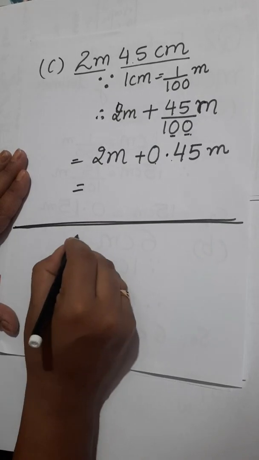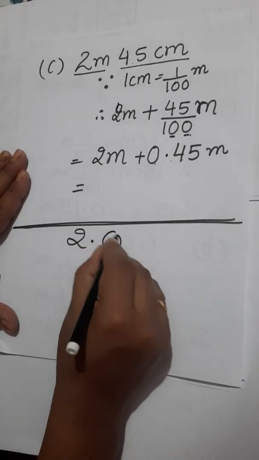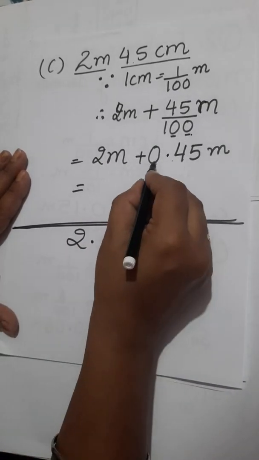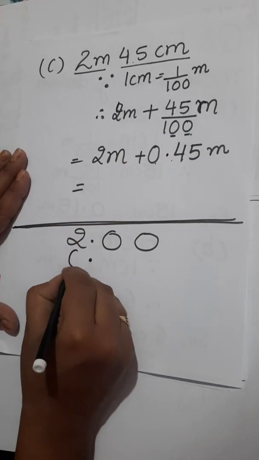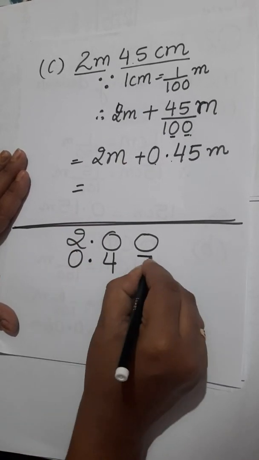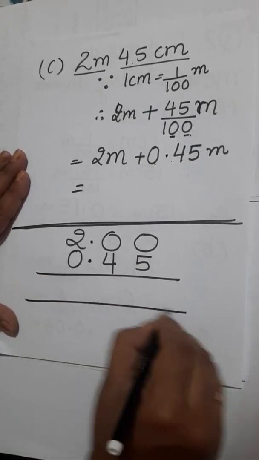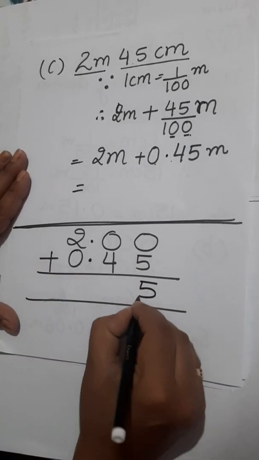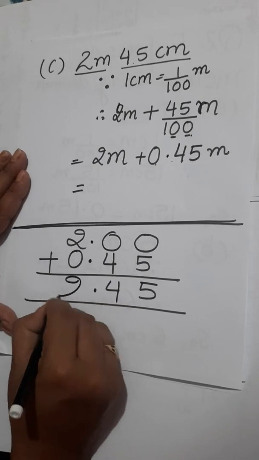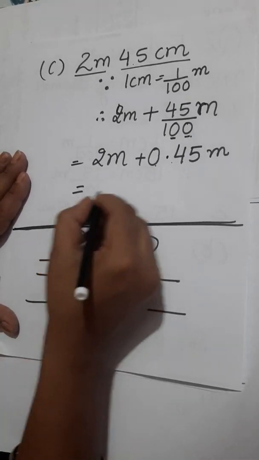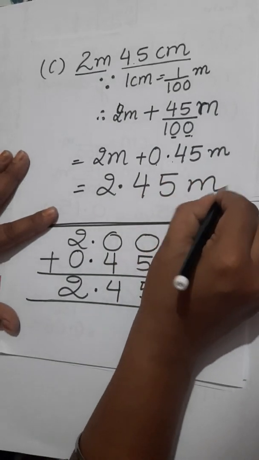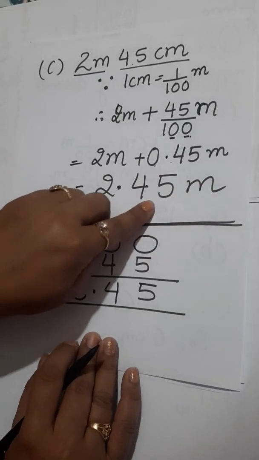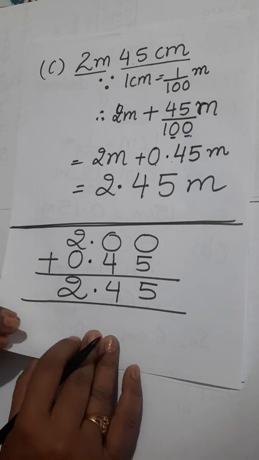As we have this 2, means 2.00, and here 0.45, firstly you have to put the decimal, right? Now add, you will get 2.45. So our required answer is 2.45 meter.